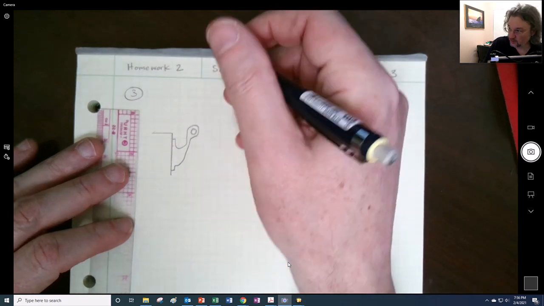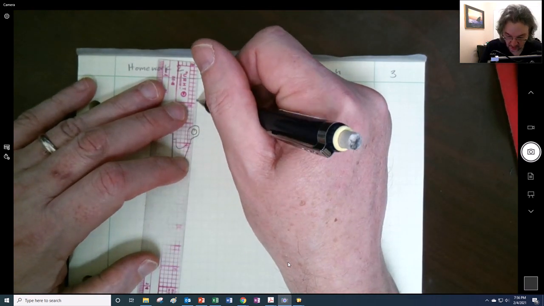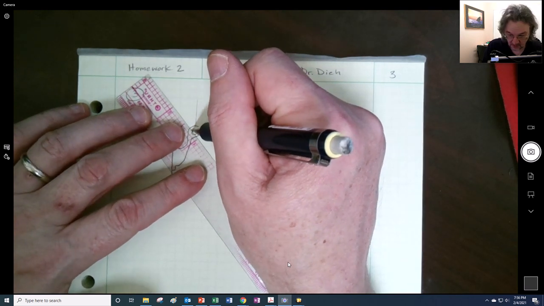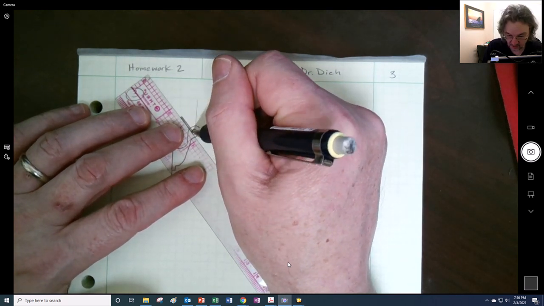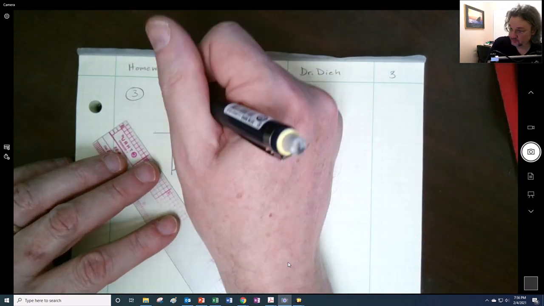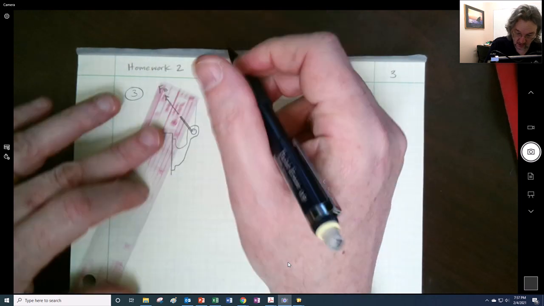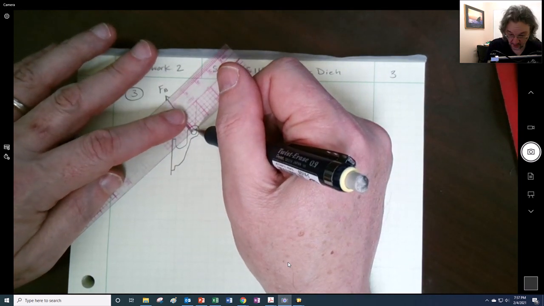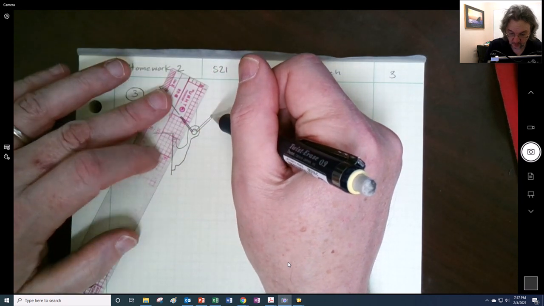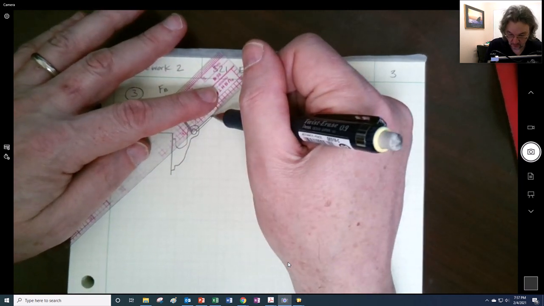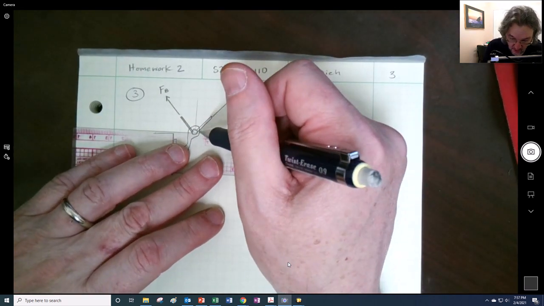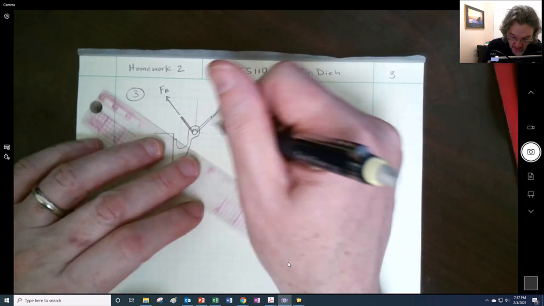We have a rope that's coming in this direction, and we have a force that's coming in that direction, that's FB, and then we have another force coming up in that direction, and we don't know this angle right here.